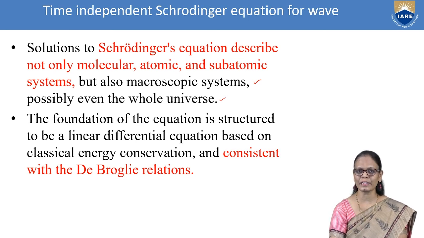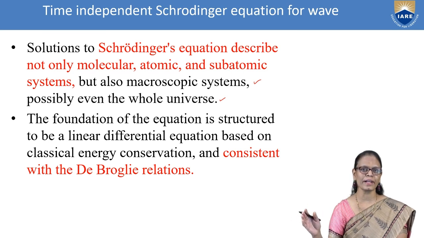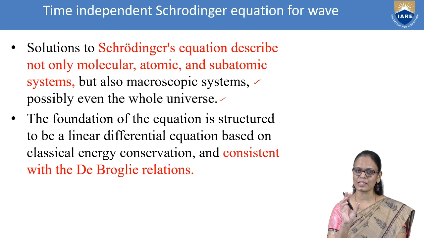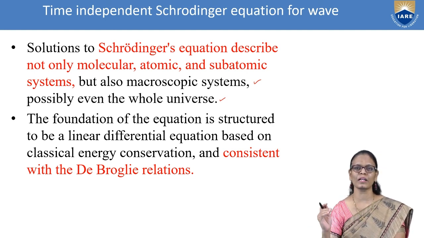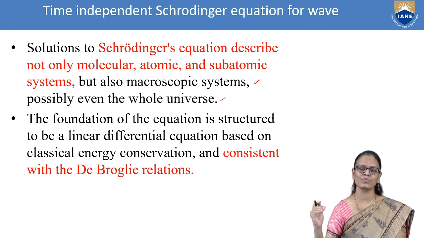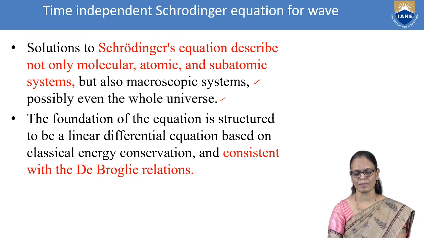But not only that, the greatest advantage is that it could also be extended to macroscopic systems. When the size of the objects increases, quantum mechanics is slowly also successful in explaining the macroscopic system. So possibly the whole universe, they say.